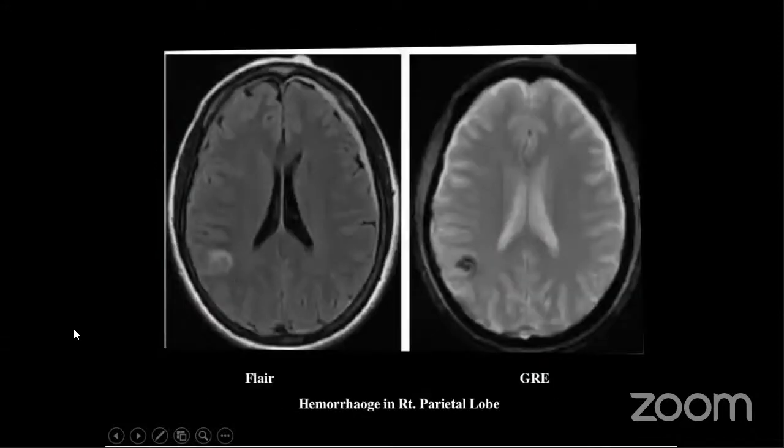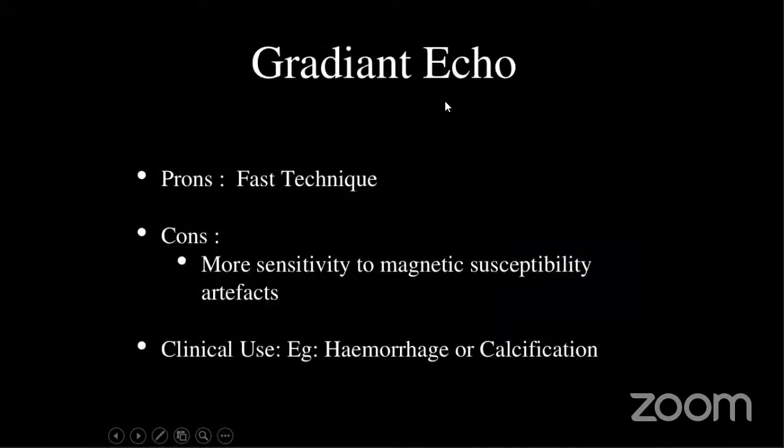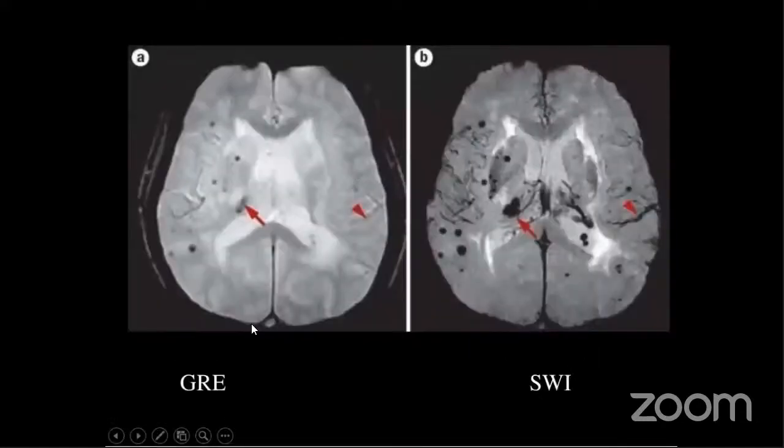This is a FLAIR image, whereas this is a gradient echo image where you have this blooming, right? We use the term blooming. So what are the pros? It's a very fast technique, but it is more sensitive to magnetic susceptibility artifact, and clinical use is mostly for hemorrhage and calcifications.